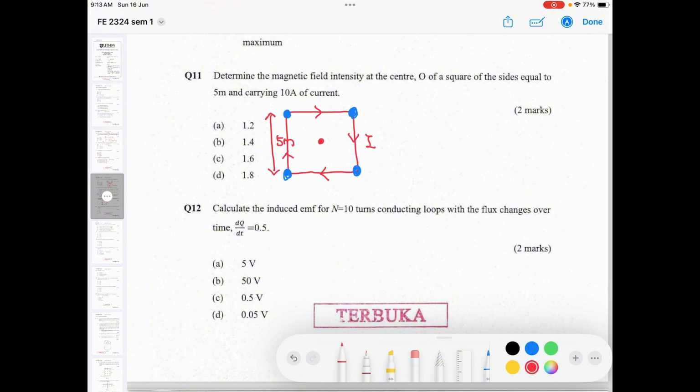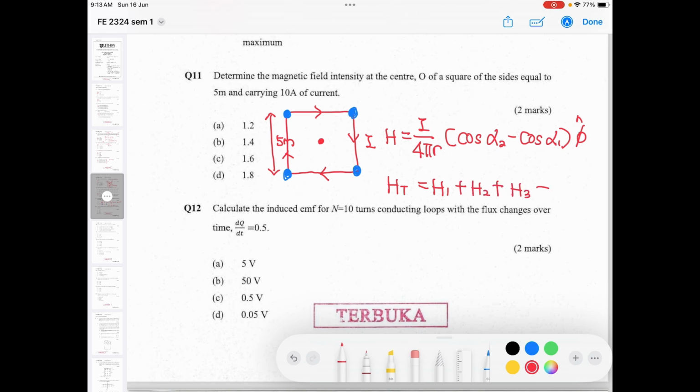The equation for finite current filaments would be H equals I over 4 pi r, times cos alpha 2 minus cos alpha 1, and phi. So you have to use these equations. Find H1, then H2, H3 and H4.